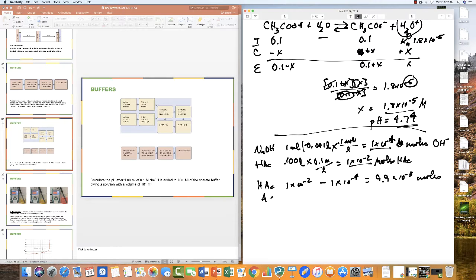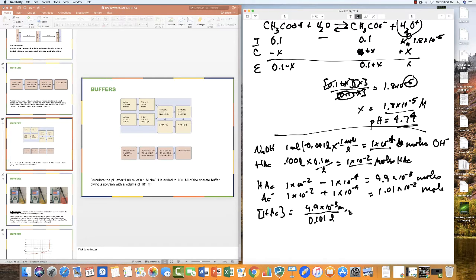And the acetate is going to be 1 times 10 to the minus 2 plus 1 times 10 to the minus 4, which is 1.01 times 10 to the minus 2 moles of acetate. So now the new concentration for acetic acid is going to be 9.9 times 10 to the minus 3 moles over, remember you're adding 1 milliliter, 0.101 liters.